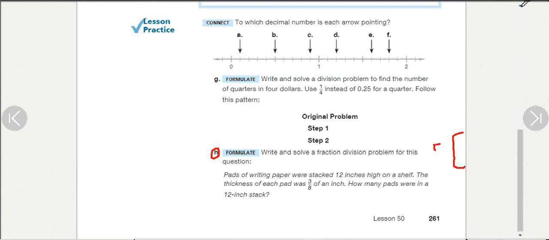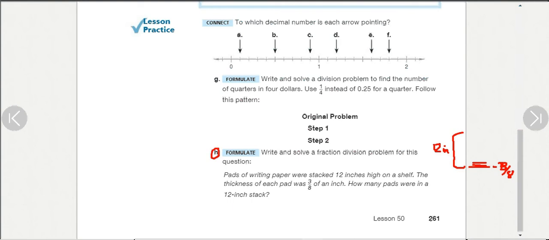This is going to be 12 inches high, and we're stacking these pads up. Each pad is 3/8 of an inch. That's a 3. 3/8 of an inch. How many pads are there in all 12?